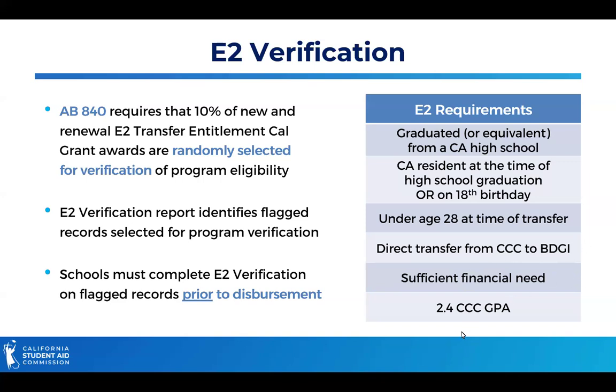The student had sufficient unmet need, and there was a community college GPA of 2.4. So you, as an E2 verification school, are going to be verifying all of this data. And so there are transcripts and documents that you can ask of the student to perform this verification.